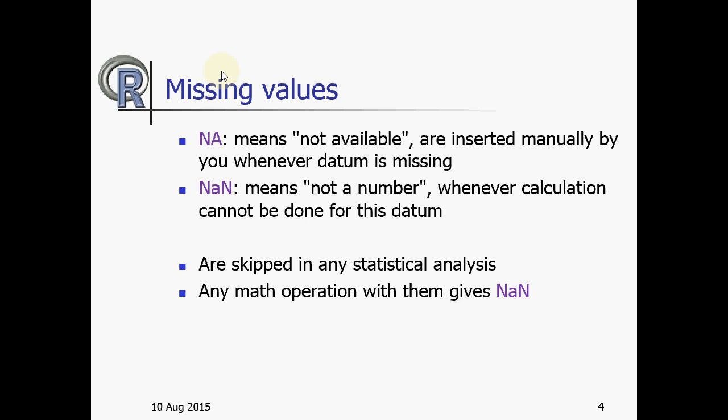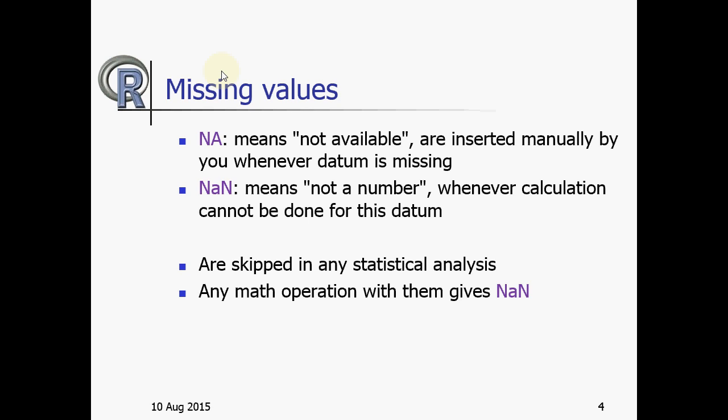So you literally inside R mark the answer as NA. So in the codebook, theoretically, we have an extra value, which is always NA, inserted manually by you whenever the datum is missing for any reason. Even if the paper has burned suddenly.